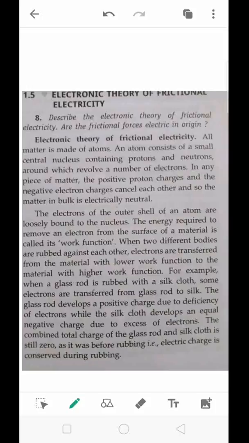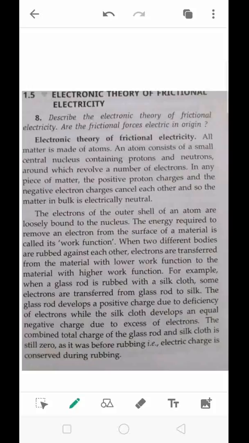Let us suppose initially there are 10 electrons on the glass rod and 10 on the silk cloth. After friction, a few electrons from the glass rod will transfer to the silk cloth. Let us suppose 8 electrons are there on the glass rod and 12 electrons on the silk cloth.